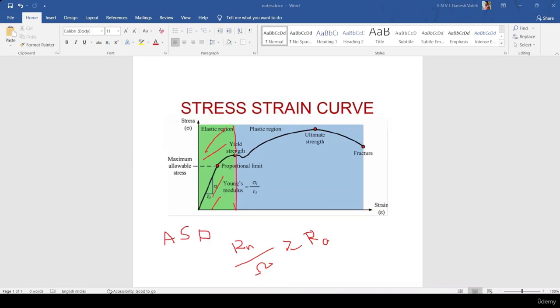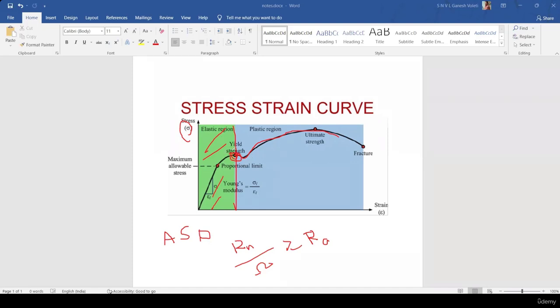Because after that point, yield strength will occur. After that, though there is no increment in load or stress, strain will increase predominantly. So at that point, yield strength will be plotted.